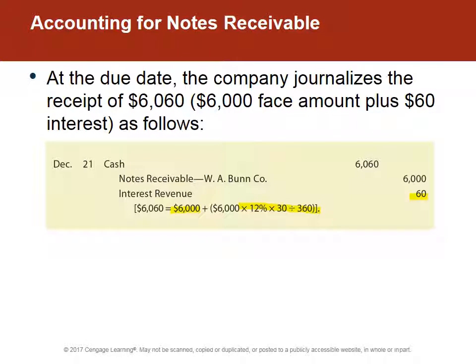That means that this company owes $60 in interest, and they will write a check or pay the cash of $6,060, which the business will debit cash, credit the notes receivable to show that the company paid their debt, and we've got some interest revenue. So now suddenly we're affecting revenue by recording a different type of revenue. Not fees earned, but interest revenue.